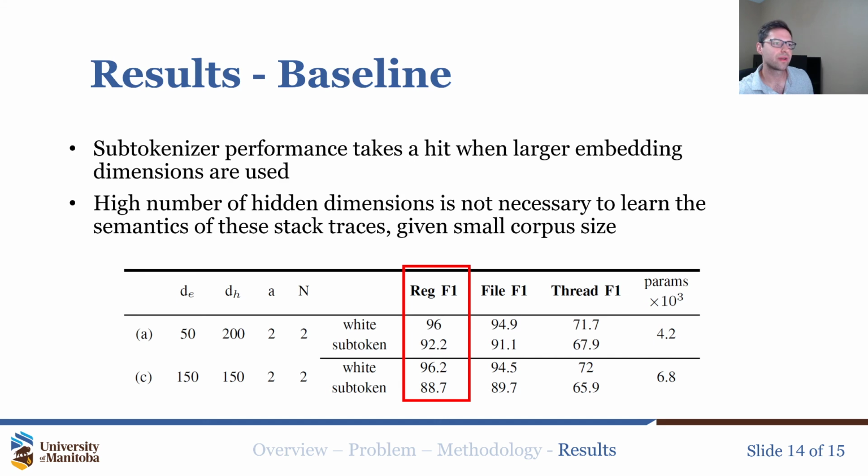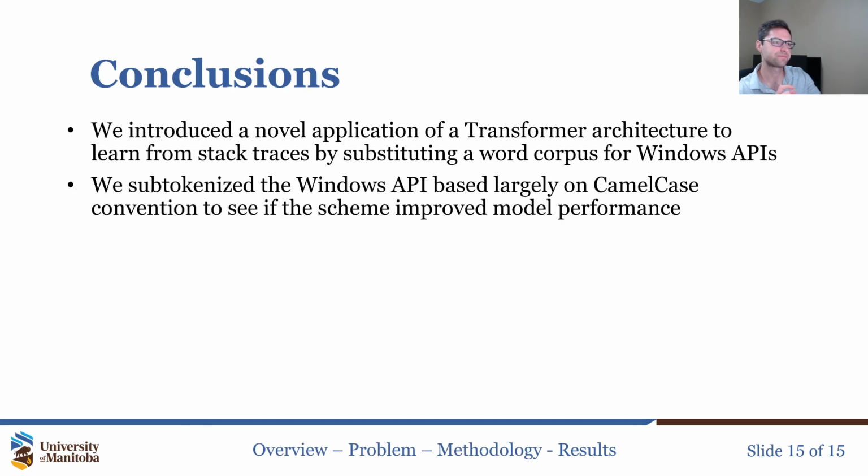It also tells us that perhaps the high number of hidden dimensions is not necessary to learn the semantics of the stack traces, given the simplicity of the corpus size and the intricacies of the context of the API function calls. Maybe it does not need as much capacity as shown here. So we can really look at smaller models and have very good results regardless.